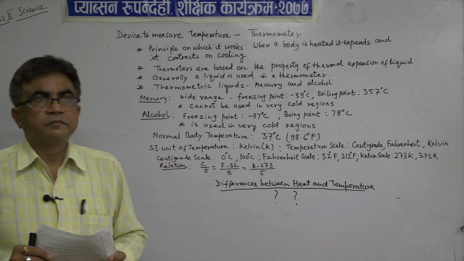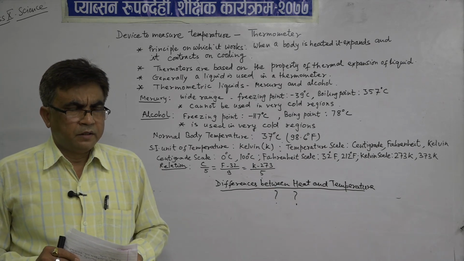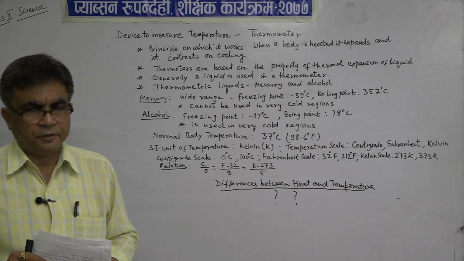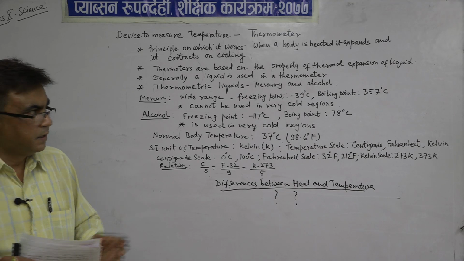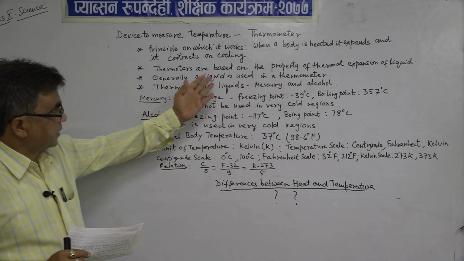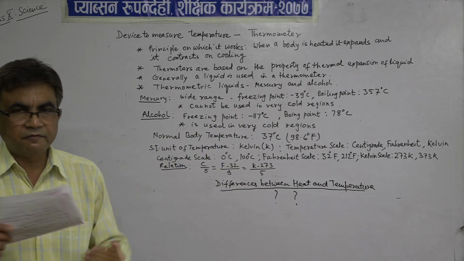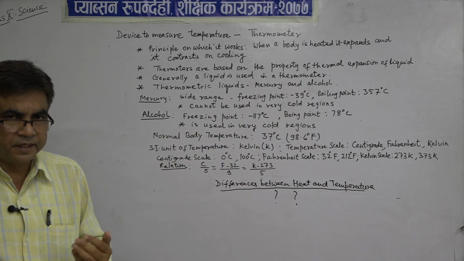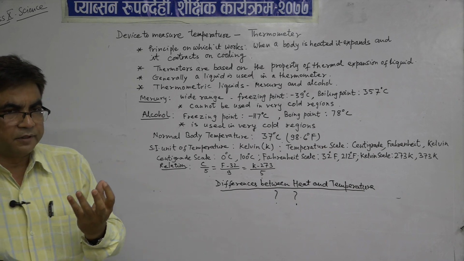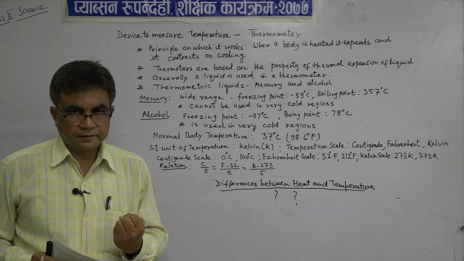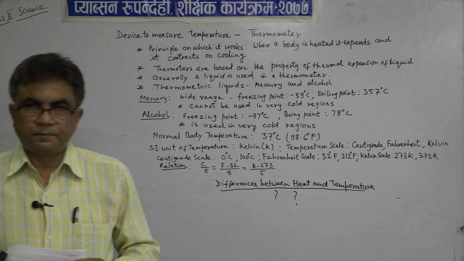The thermometer works on that principle, and especially liquid thermometers are used. Thermometers are based on the property of thermal expansion of liquid. Thermal expansion of liquid means that whenever a liquid is heated it expands, and whenever the liquid is cooled it contracts. So a liquid thermometer works on that principle.